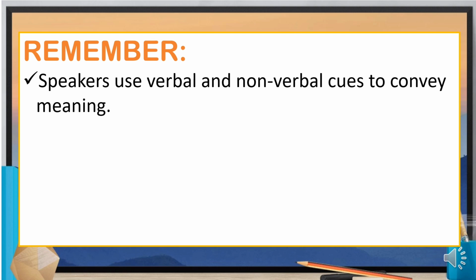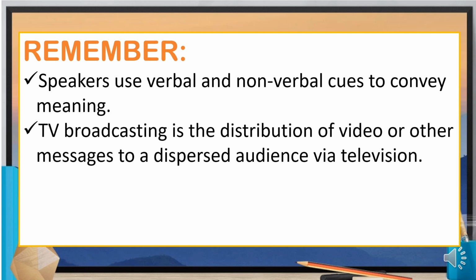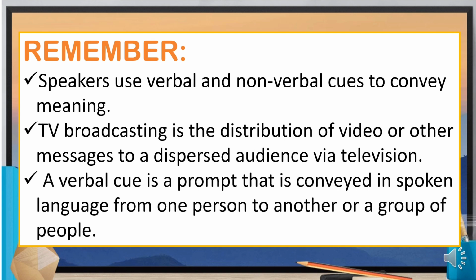TV broadcasting is the distribution of video or other messages to a dispersed audience via television. A verbal cue is a prompt that is conveyed in spoken language from one person to another or a group of people.